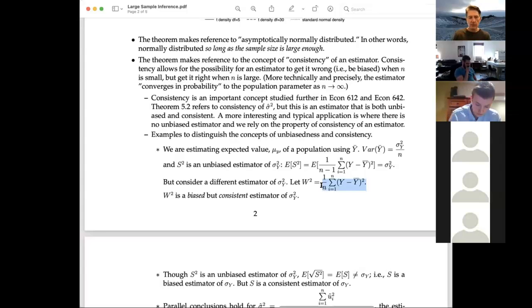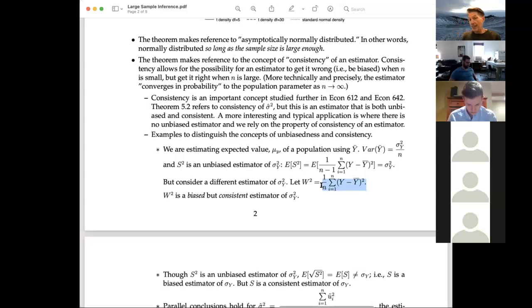But suppose that our n is 100,000 or 10,000 or 5,000 or 2,000 or 1,000, or even 500. The difference that we obtain because we're dividing by 499 versus 500 is very, very, very small.